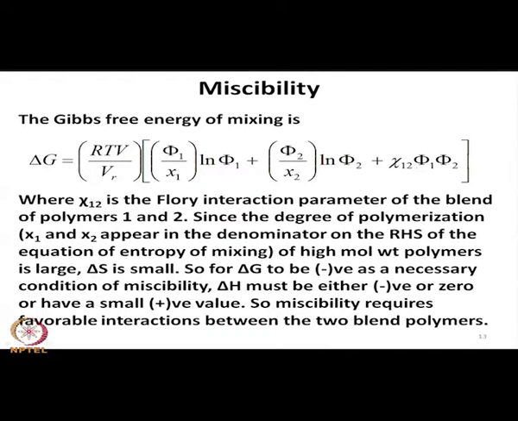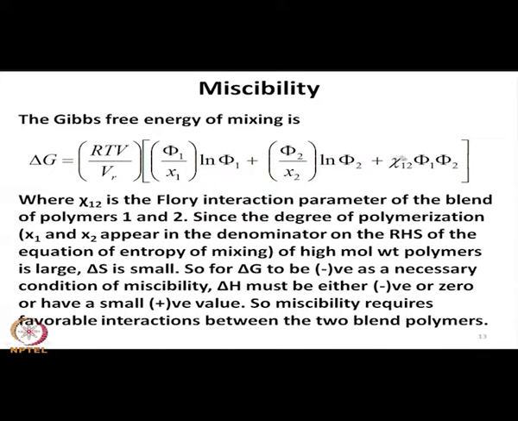in the blend. Interaction can be of different nature or a sum of different types of interactions between the two component polymers. That can be through some chemical reaction of the two functional groups of the two different polymers, or there can be hydrogen bonding, there can be entanglement between the segments of the two polymer chains, or there can be van der Waals interactions or secondary interactions arising out of the London dispersion force.